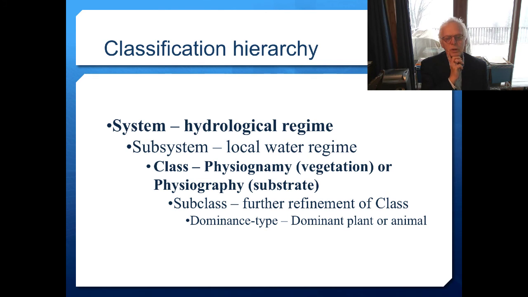We would start with the hydrologic regime that would be driving it, the subsystem would be the local water regime. Then the class within that subsystem would be the kind of vegetation or the substrate, called physiognomy or physiography. Below that would be a subclass, a further refinement of that class, and then a dominance type, and that would be typology based on the dominant plant or animal community.